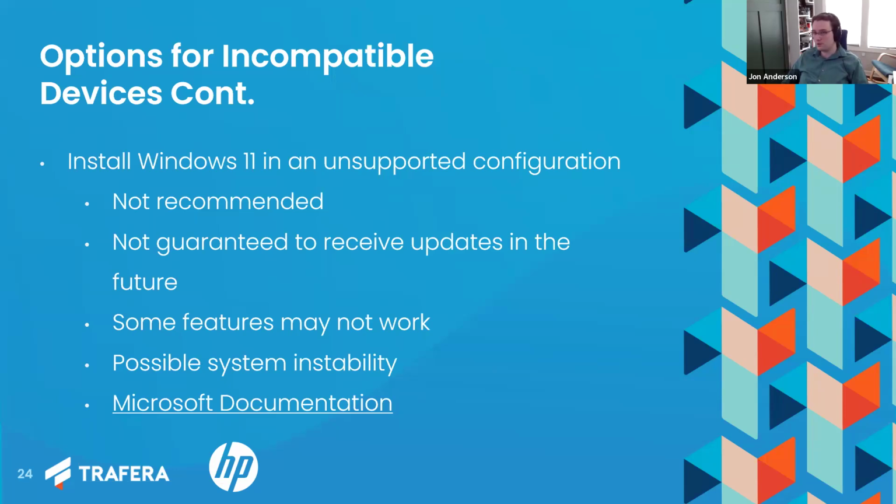Also, some of the features of Windows 11 may just not work because the silicon is just not there to support the features, which may result in system instability, so things like system and application crashes. So if you are looking to go down this route, I would definitely recommend doing a thorough vetting of Windows 11 on whichever hardware you're intending to install it on.